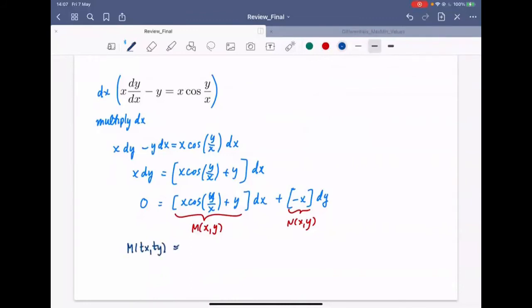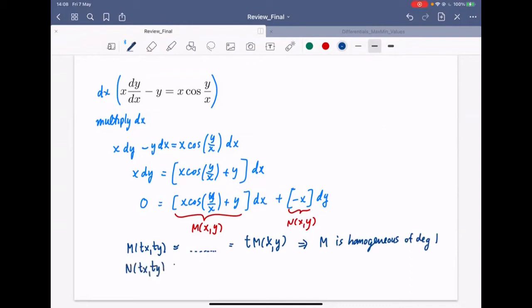You can check it by yourself. You're going to get t times M(x, y). It's not a terrible check, but once you check it, you can conclude that M is homogeneous of degree 1.